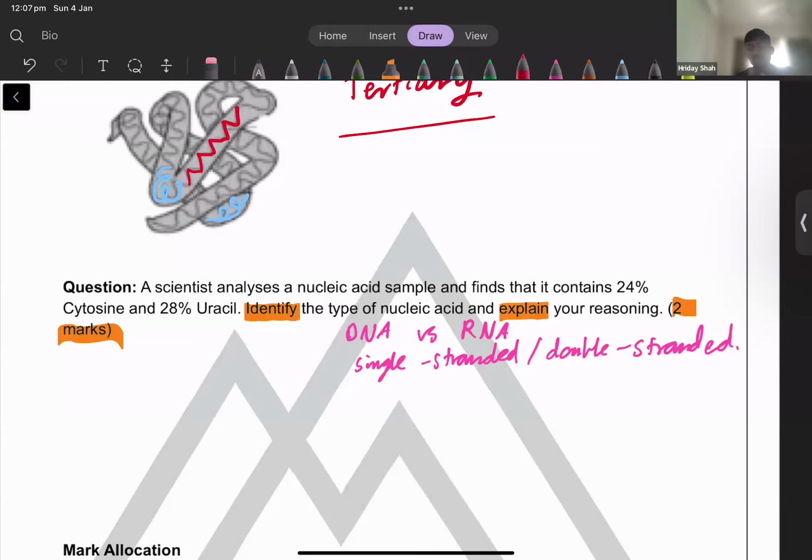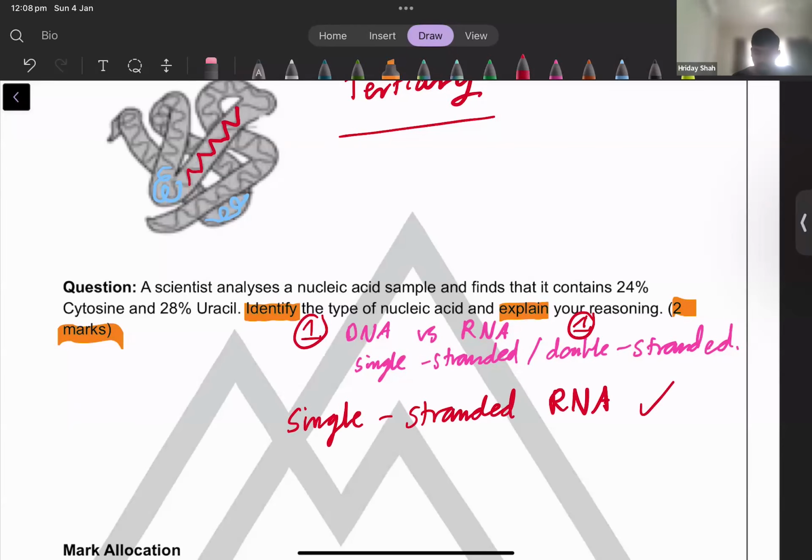If it's a 2-mark question, we can immediately understand that you're going to give 1 mark to each command term. The command term for identify is pretty simple, right? It's just recognizing the correct type. So the correct one is going to be single-stranded RNA. That's going to get you mark 1.